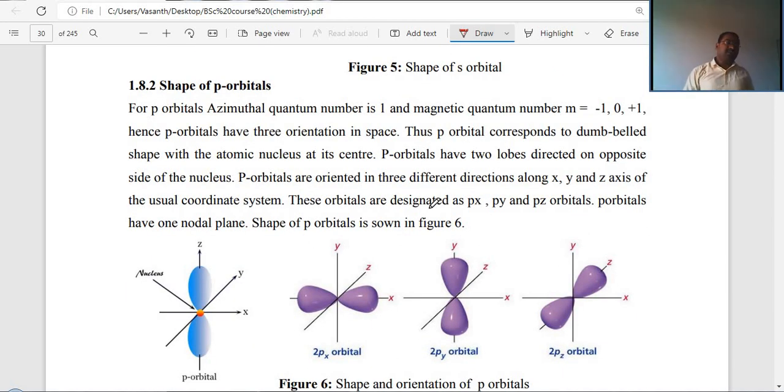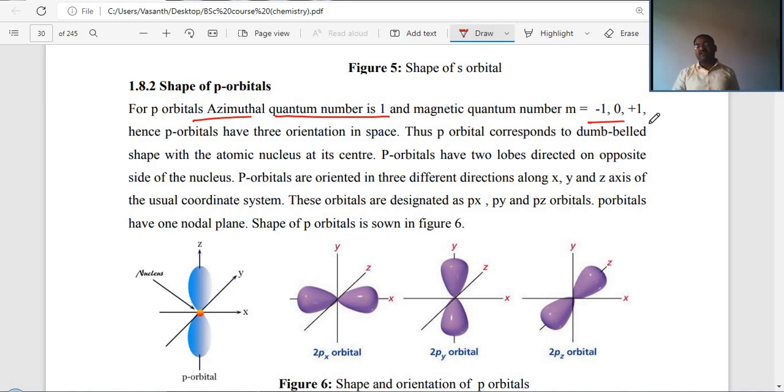Now the shape of the p orbital. For p orbitals, the azimuthal quantum number is 1 and the magnetic quantum number is -1, 0, +1. The 3 orbitals have 3 orientations in space.